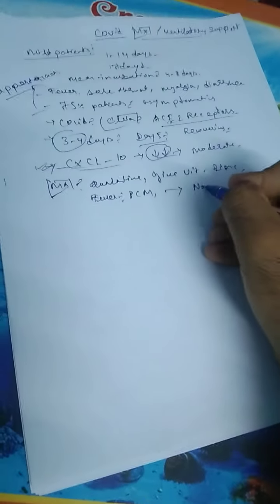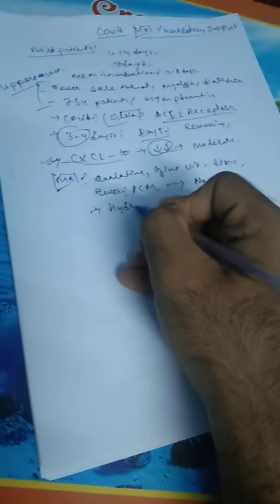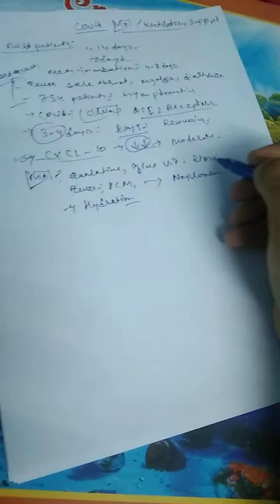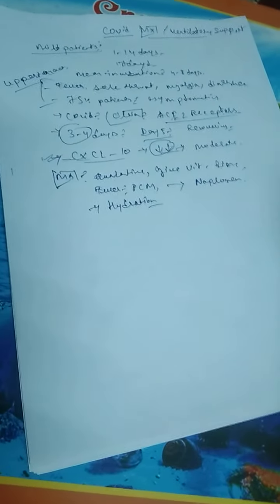If the fever is not resolving, then we can try naproxen also, and we give adequate hydration. The patient gradually resolves, feeling better as the days progress, and will recover in about 12 days or so.